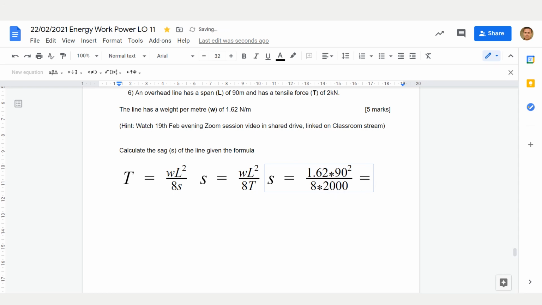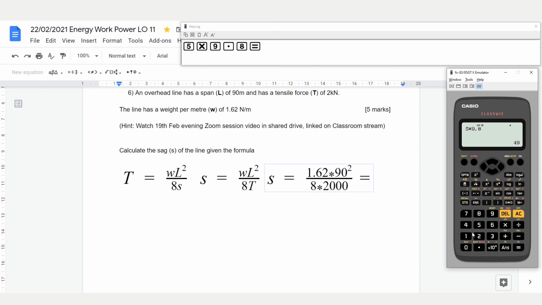And that's going to be equal to, I'll get the Casio out. I'll just clear that off so you can see what numbers I'm pressing. 1.62 times 90, x squared to get 90 squared, equals that.